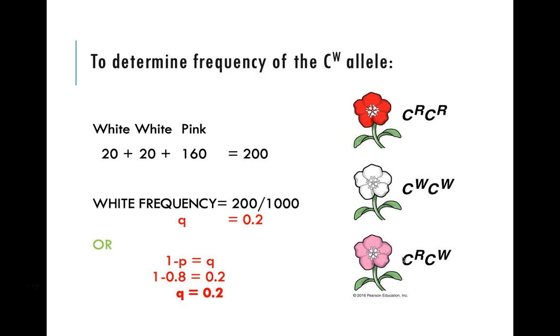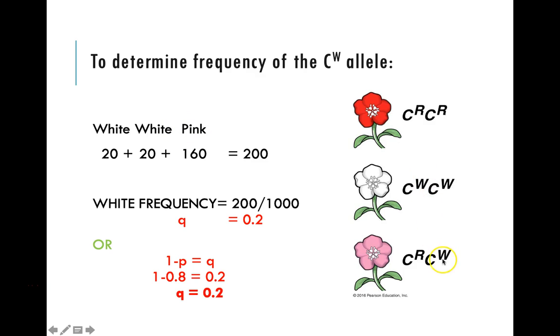All right, unpause. So let's calculate the frequency of the white allele. This is going to be represented by the letter Q. If we are a homozygous white individual, each individual has 2 copies of that white allele. So if there are 20 white individuals, we have 20 copies of one allele and 20 copies of the other allele.